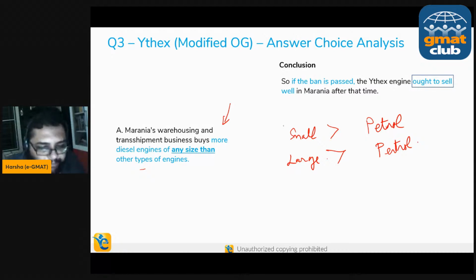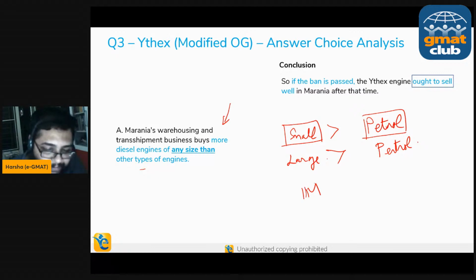The key point here is very simple. End of the day, I'm buying more small diesel engines than I buy other engines. So, for example, I might buy 1 million. Okay, 1 million is a big number for a diesel engine, but anyway, I might buy 1 million small diesel engines, and then I might buy only 0.5 million petrol engines.